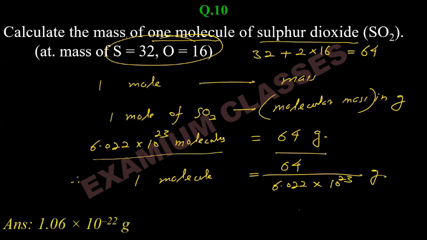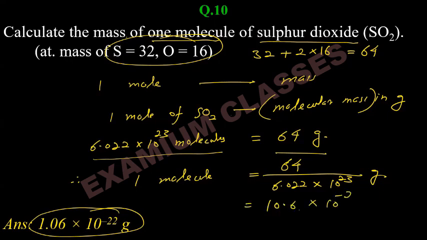Once you do, you will get the answer as 1.06 into 10 to the power minus 22. Remember, here you will get 10.6 into 10 to the power minus 23. Okay, 64 divided by 6.022. But you will convert it into standard form, that is, the decimal must be after the first digit. Then it will be 10 to the power minus 22 grams.